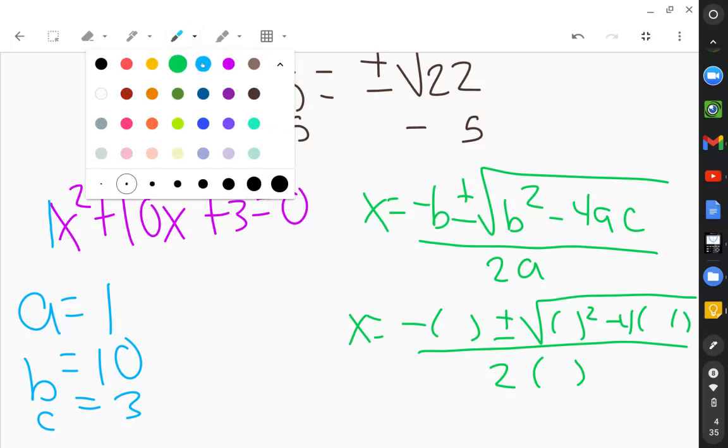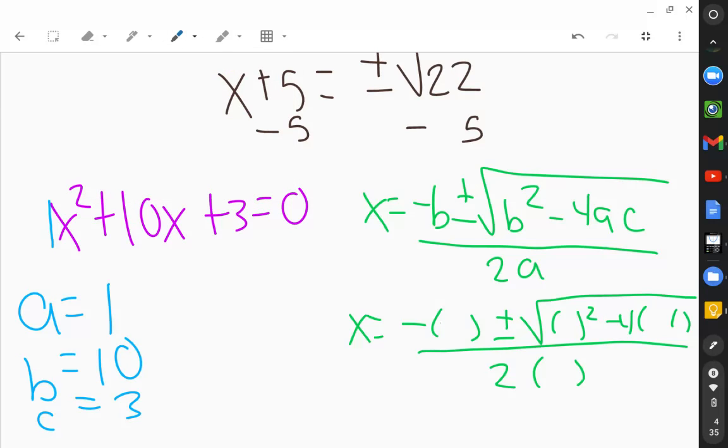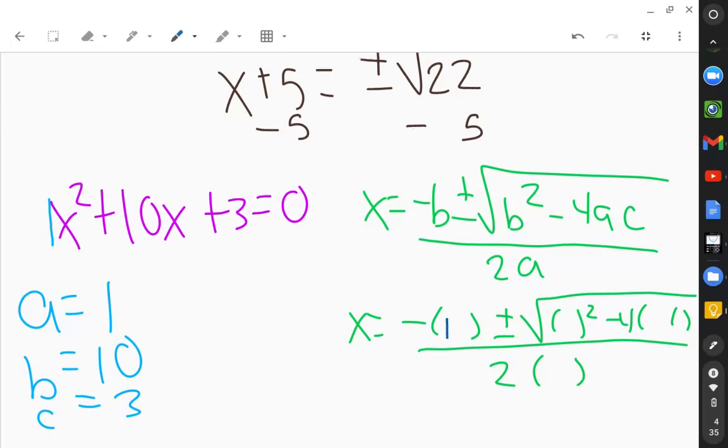So again, let's plug those values in. So negative 10 plus or minus the square root of 10 squared minus 4 times my a value is 1 and my c value is 3, over 2 times 1.